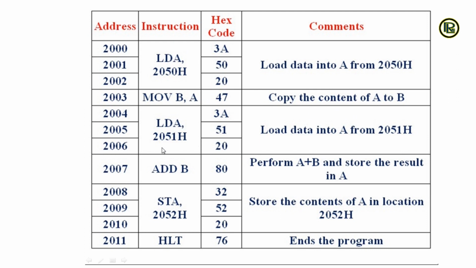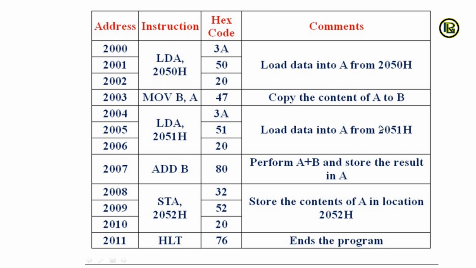And then again I am using LDA 2051H. The corresponding hex code 3A goes to 2004, 51 goes to 2005, and 20 goes to the address 2006. It loads the data into A from the memory location 2051.